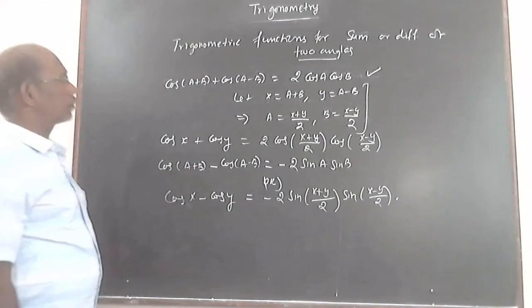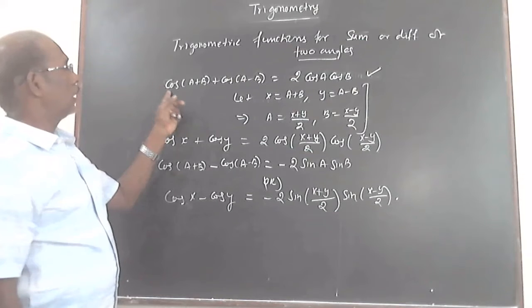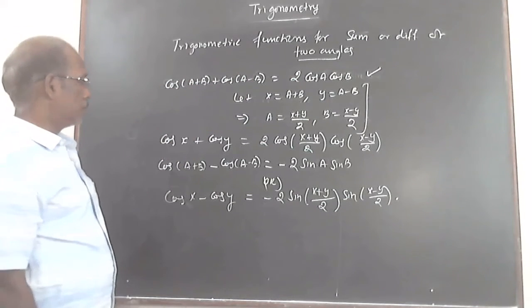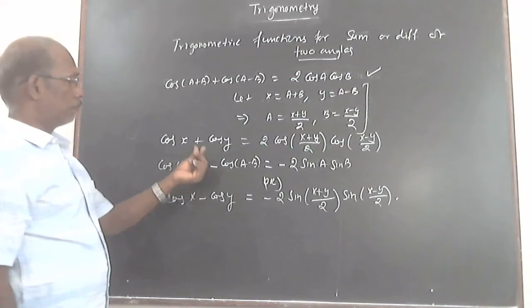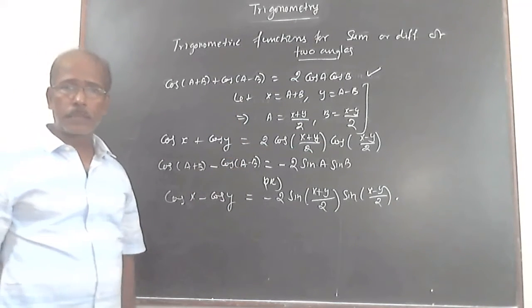Copy it. Now we are going to discuss this kind of formula in terms of sin of a plus b and sin of a minus b, and sin of a plus b minus sin of a minus b. Go through it and copy it.